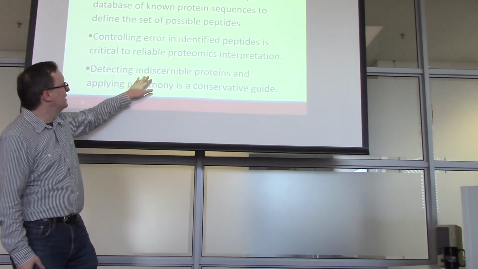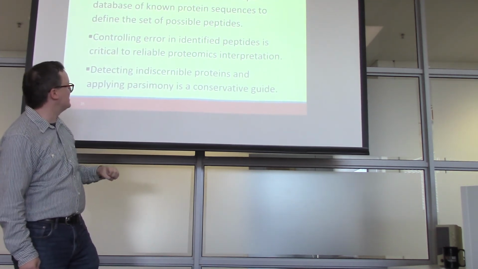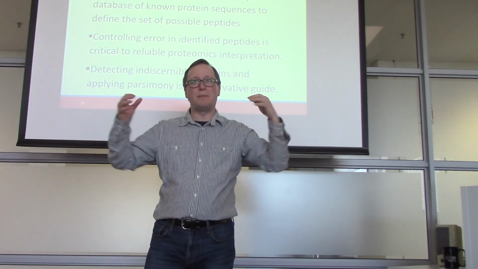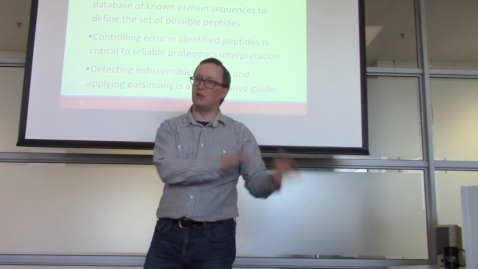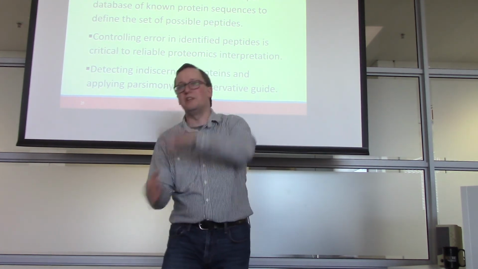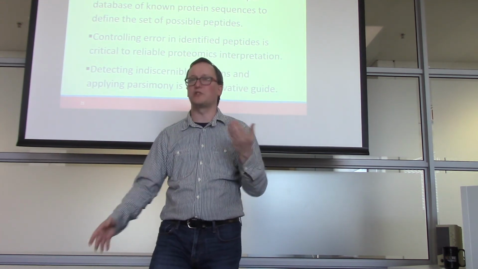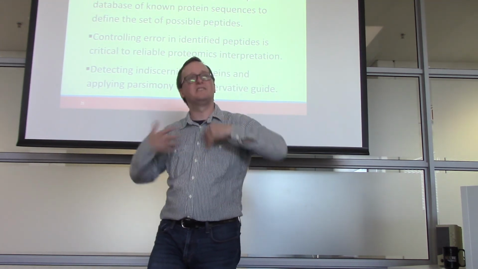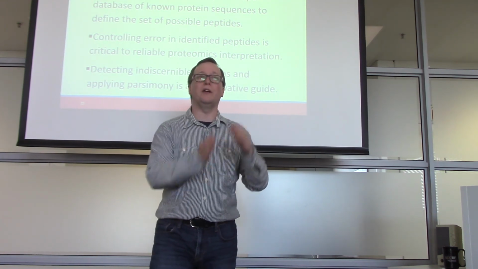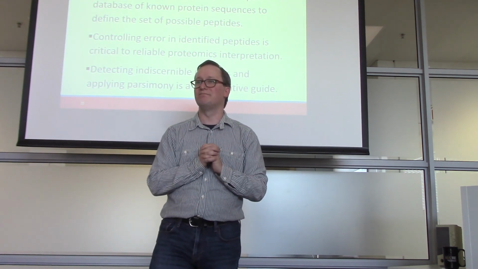And finally, detecting indiscernible proteins and applying parsimony helps us have a conservative appraisal of what proteins have resulted in the data we've seen. If you don't use rules like this, your protein list will be very inflated. So you want to make sure that whatever toolkit you're using has some way of minimizing the protein lists to just those that are required to explain the peptides you've seen.